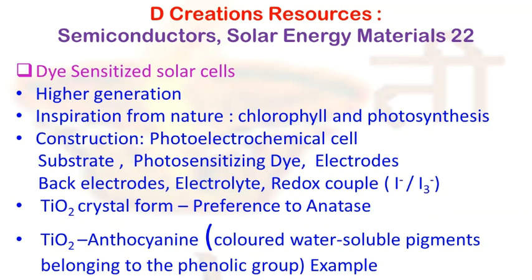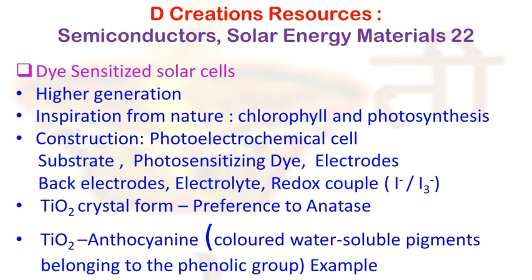Therefore, the neutral dye molecule gets oxidized. So if it was S, now it will become S+, and this oxidized dye can be neutralized back to a neutral dye by the oxidation reaction of the redox species present in the I3- or I- electrolyte solution.